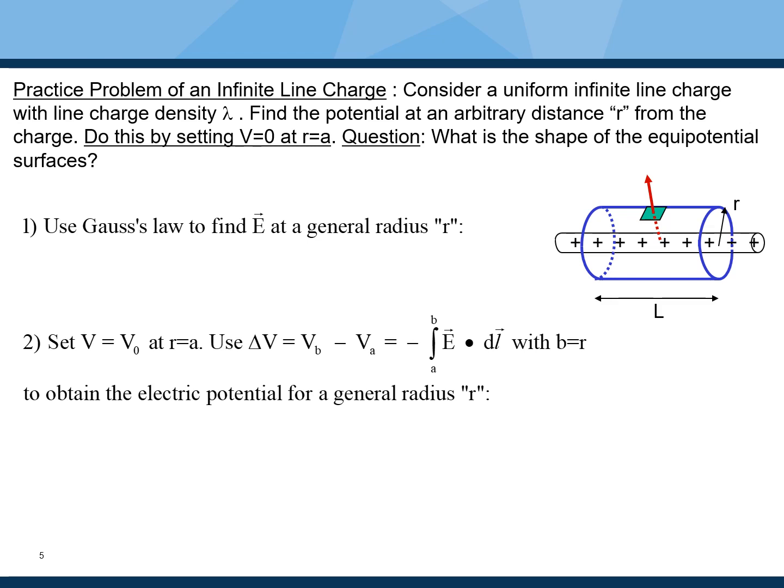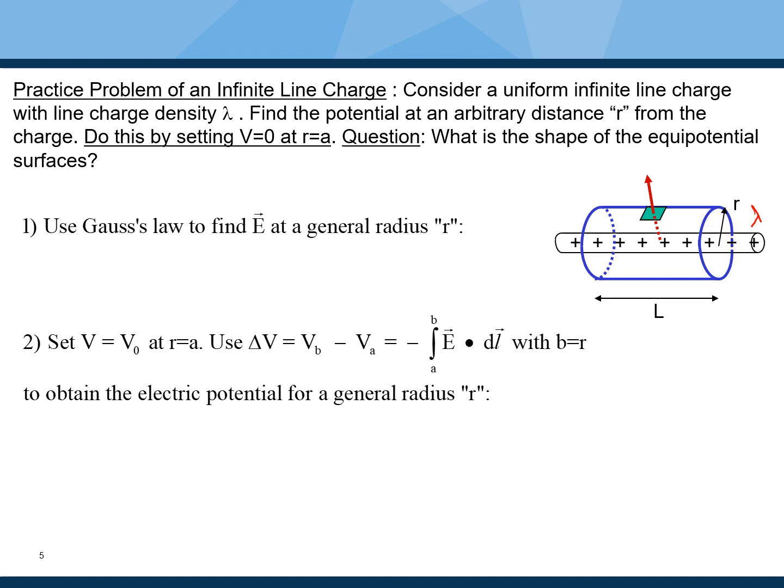So in the next problem, we're given a line of charge. This line of charge has a linear charge density lambda. And the first part is very simple. It basically says, go ahead and please find the electric field using Gauss's law. So as usual, for an infinite line of charge, we basically focus on a section of that charge.